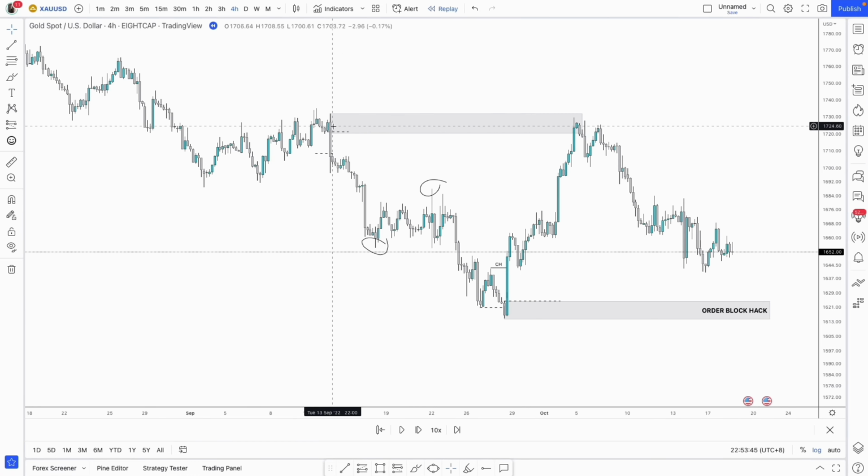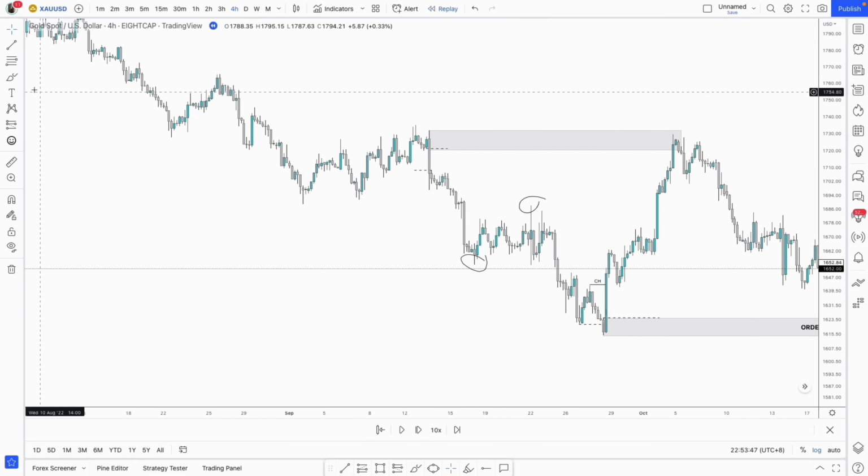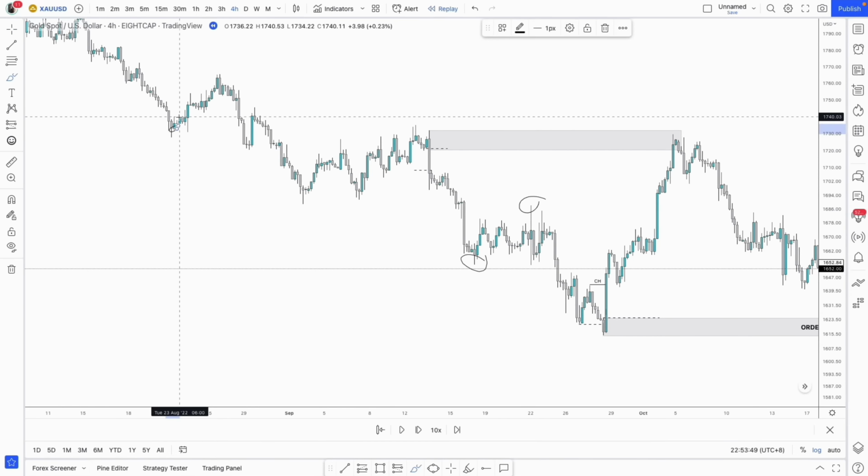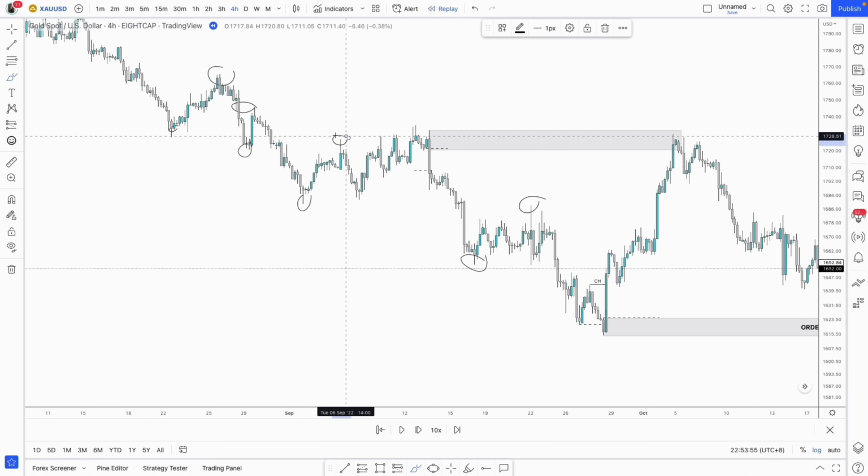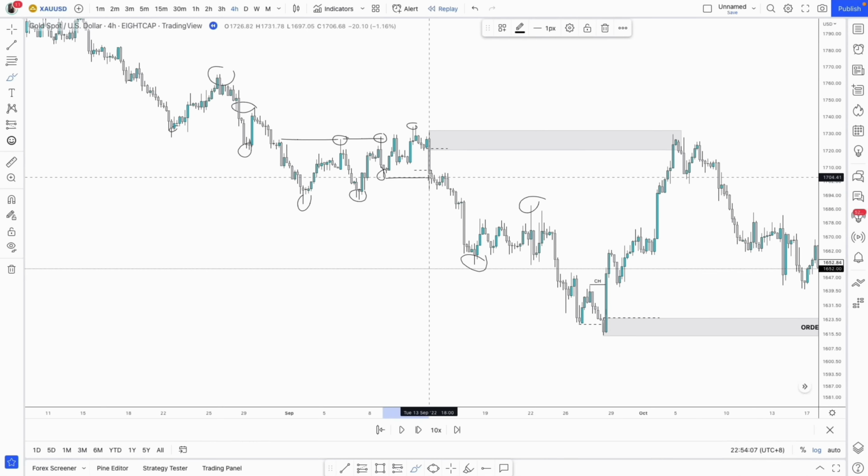Funnily enough, so was this one, because what do you see? You see price coming down, high, low, high, low, high. Okay, so now we've had our shift: low, high, break, low, high, change of character.